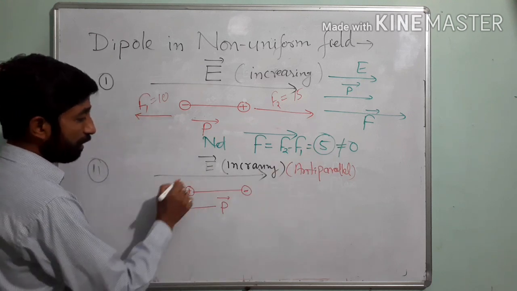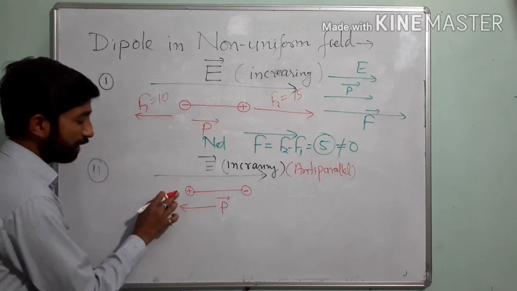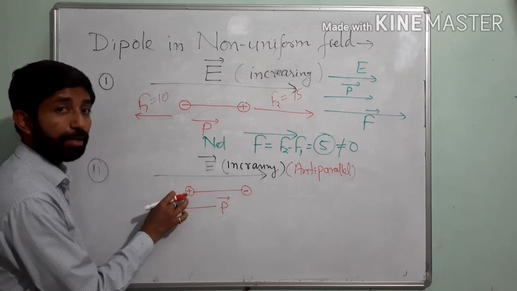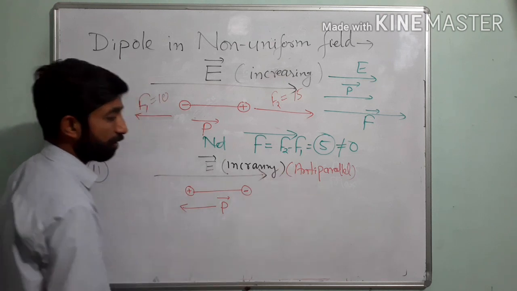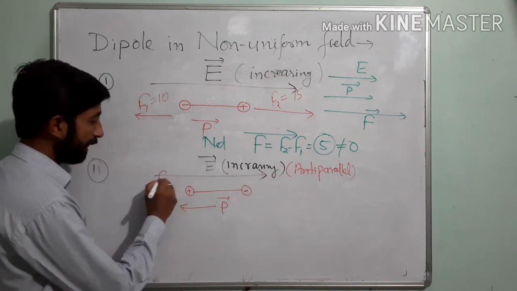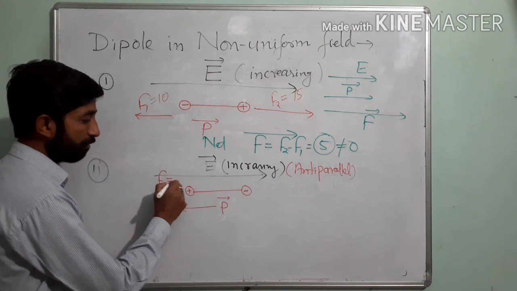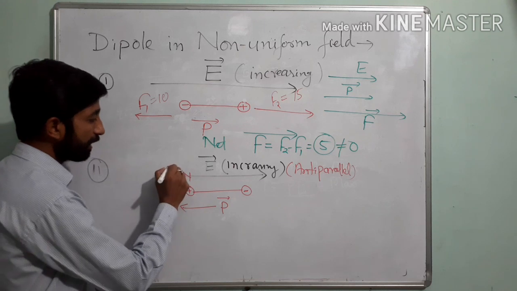But now imagine what will be the net force. This positive charge will be repelled, or forced to move along the direction of the field. So this is F1, again 10 Newton, and the direction is this way.